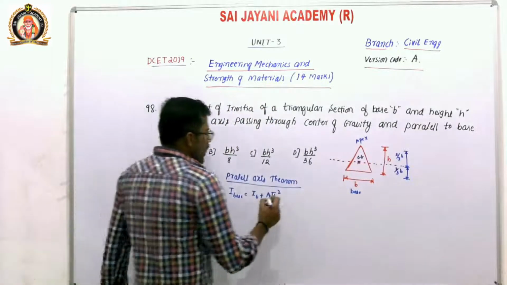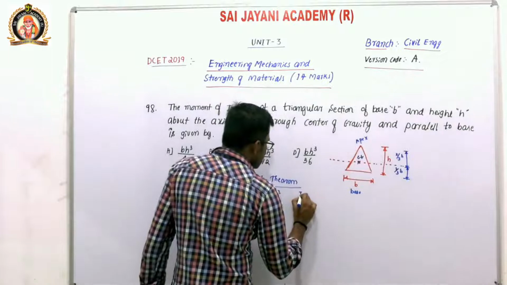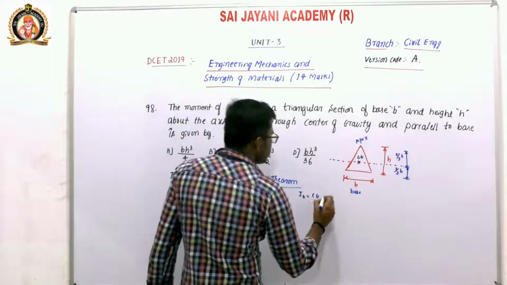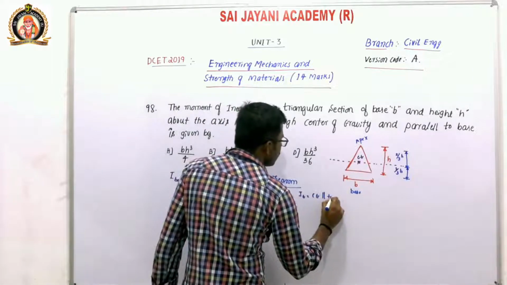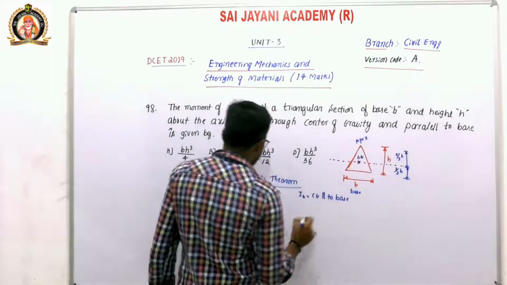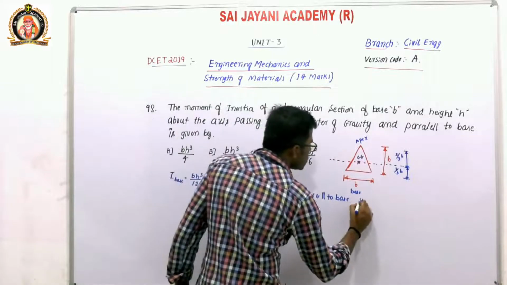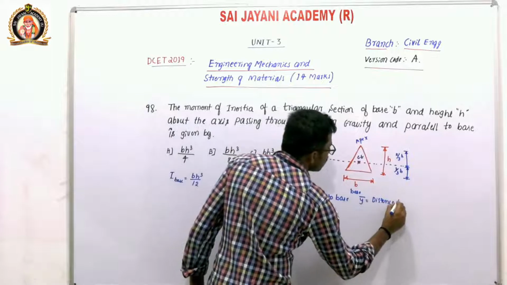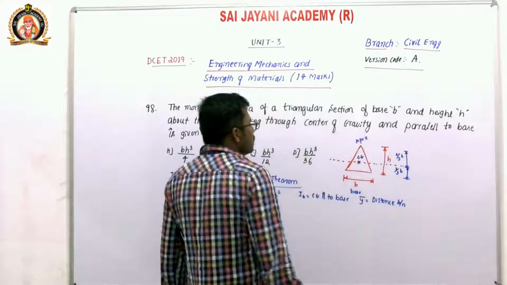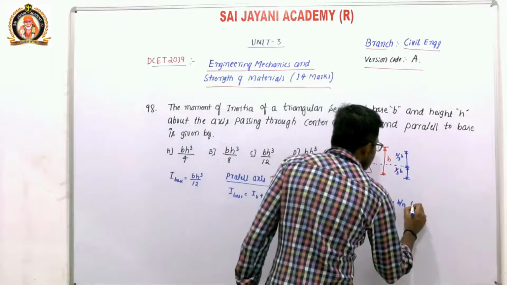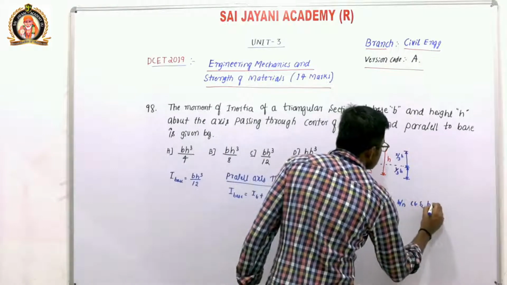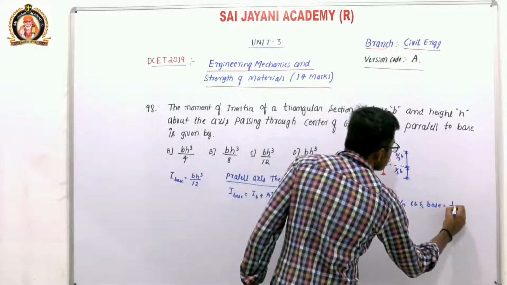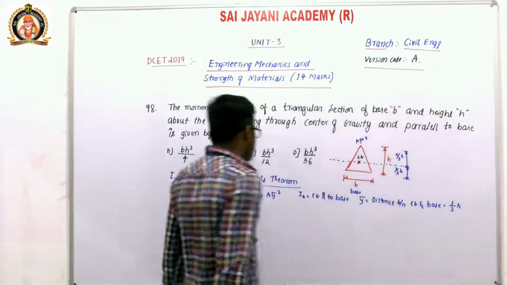Where Ig is the moment of inertia about the center of gravity parallel to the base, and y bar is the distance between CG and base, that is, y bar is equal to 1/3 of its height.